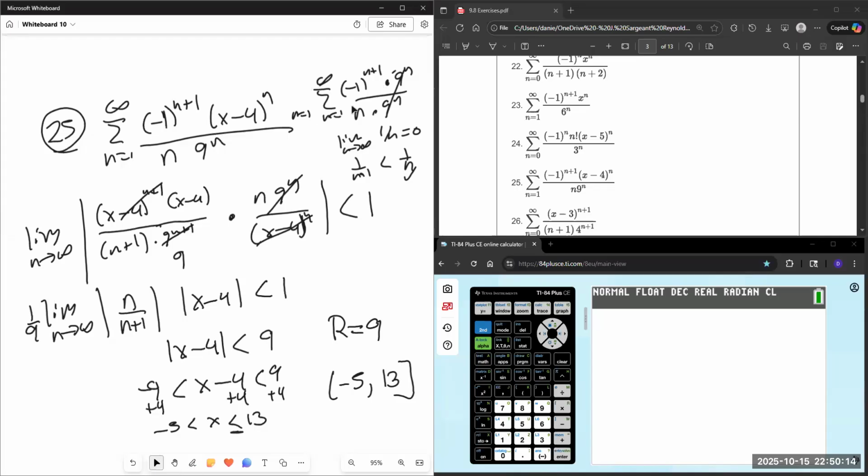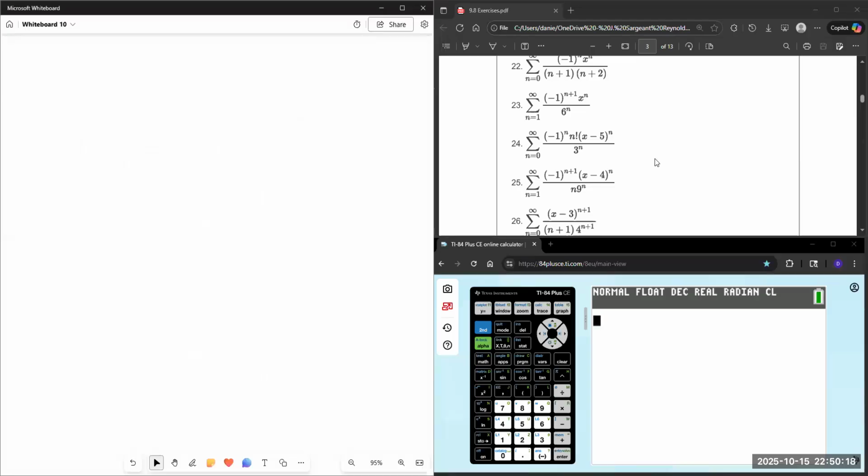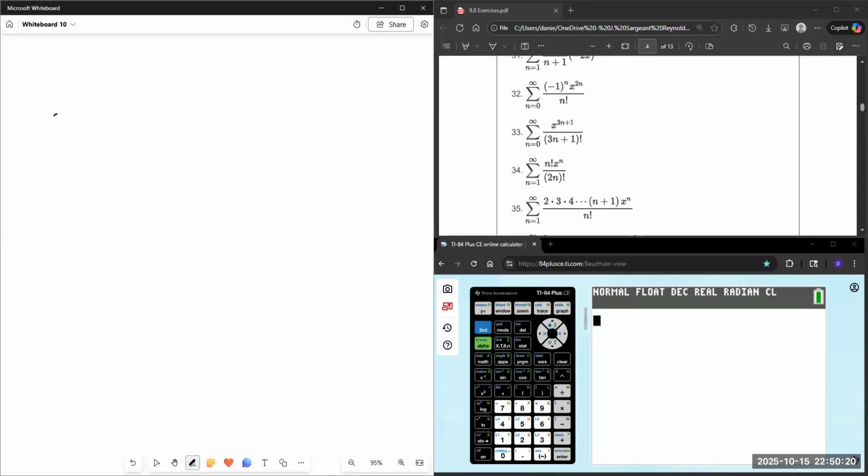Let's look at number 33. Summation of n equals 0 to infinity of x to the 3n plus 1 over 3n plus 1 factorial.